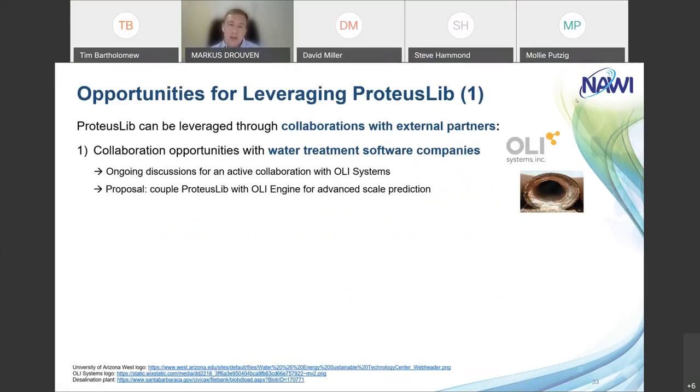The motivation for that is we know that the OLI engine is very good at predicting potential scaling issues in treatment systems, whereas, as Tim just explained, ProteusLib really shines at optimizing complex treatment processes. And so the idea is that by coupling these two tool sets, we should be able to bring out the benefits of our respective capabilities.